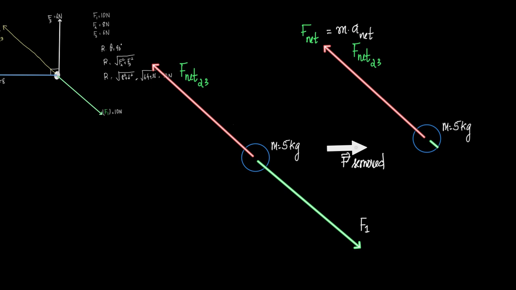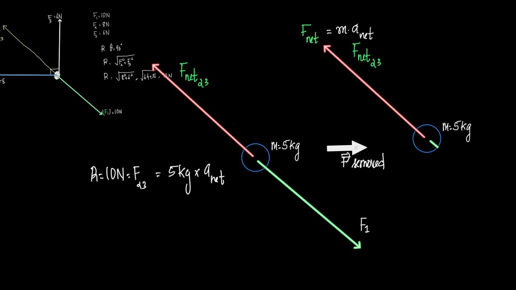So what is F net? By Newton's law of motion, F net is equal to m into A net. So we can write that F net is actually F net 23. The resultant is 10 Newton, which is F23, equal to mass, which is 5 kilogram, into A net.